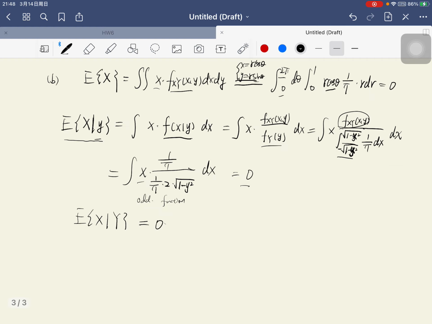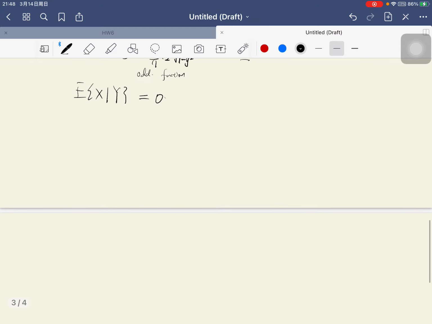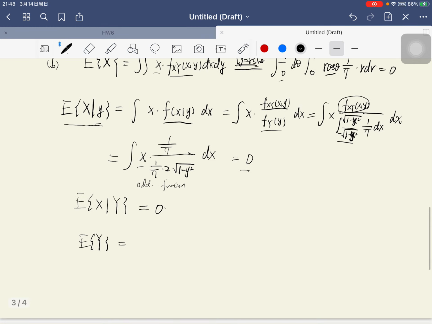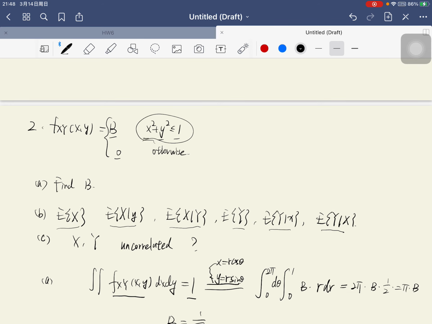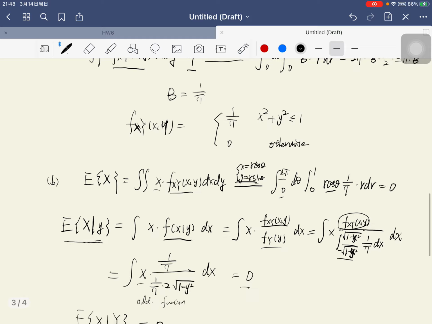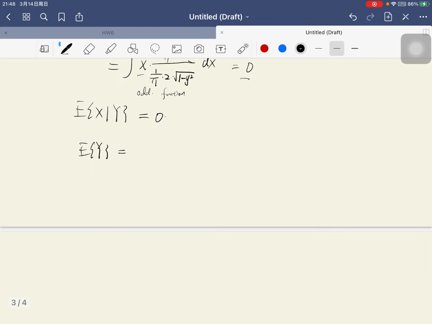And we will compute the expected value of Y. The expected value of Y, because of the symmetry, because it is like a circle, x and y are symmetric, so the expected value of Y is equal to 0, and the expected value of Y given small x is equal to 0, and the expected value of big Y given big X is also equal to 0.